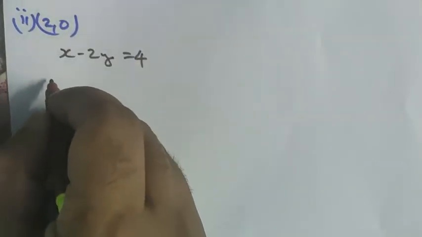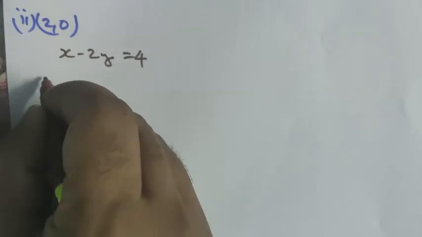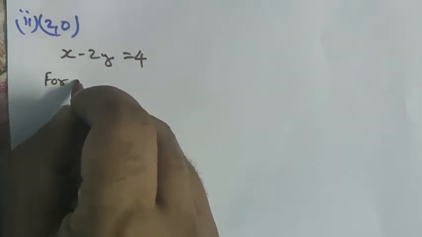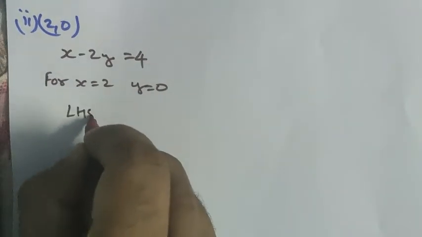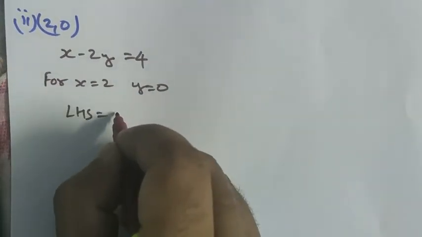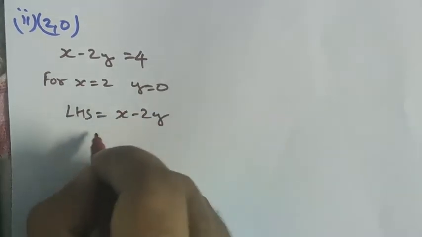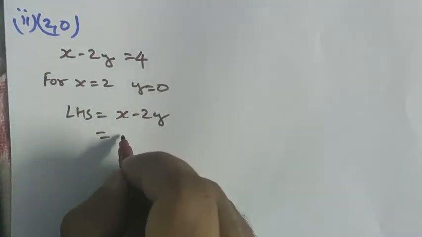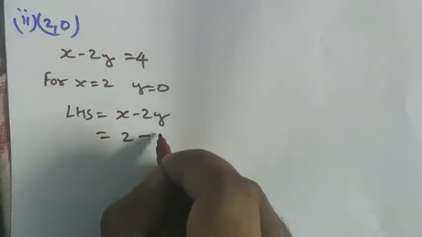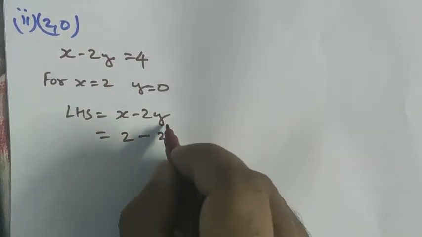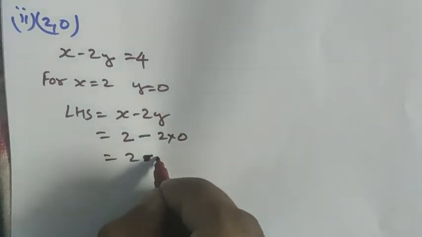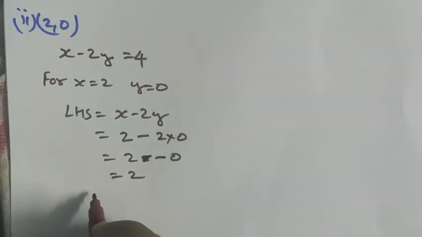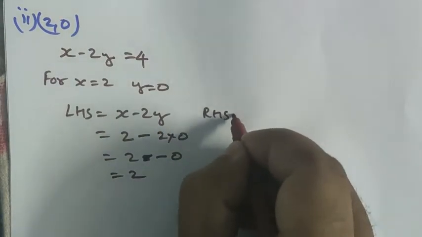Okay, in the second part, x minus 2y equals 4. In the LHS, we will substitute x equals 2 and y equals 0. LHS, that is x minus 2y, will become 2 minus 2 times 0, that is 2, and RHS is 4.